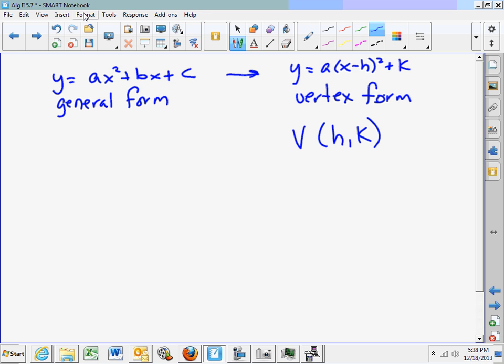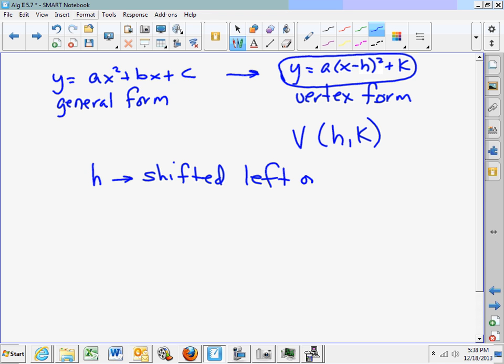If you look at vertex form of the quadratic function, h, k, and a are actually numbers that tell about transformations that could happen to vertex form. h tells you whether or not the parabola is shifted left or right. k gives you the vertical shift, in other words, whether the parabola is shifted up or down.